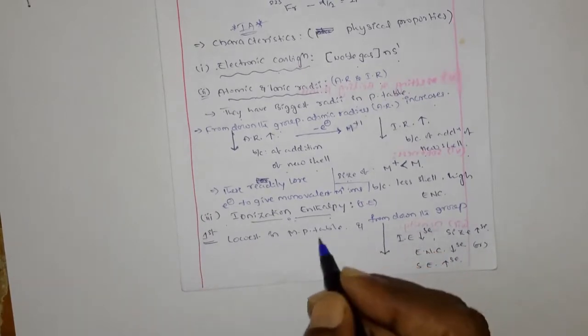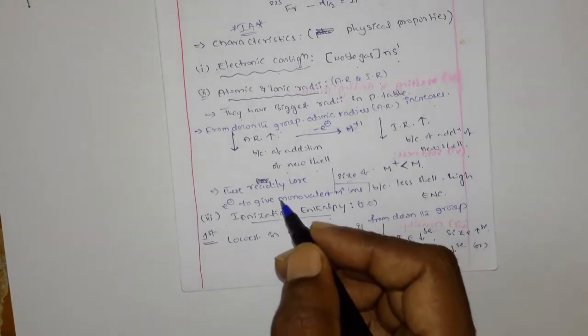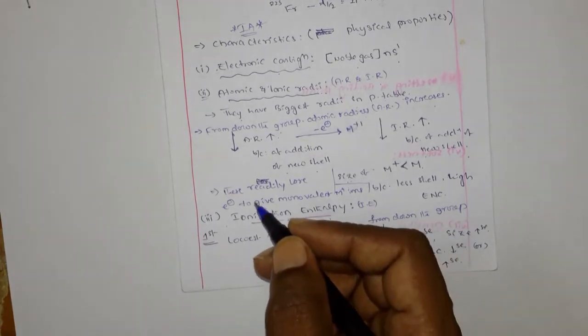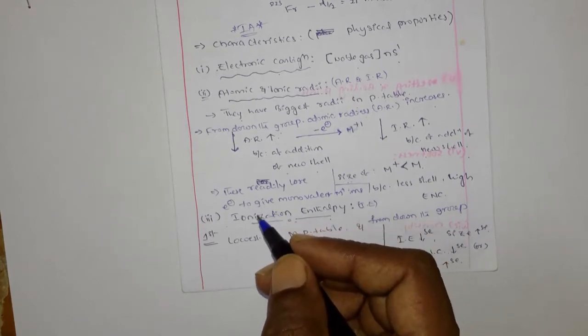What is ionization enthalpy? The energy required to remove the electron from the outermost orbital of a particular element in the gaseous state.